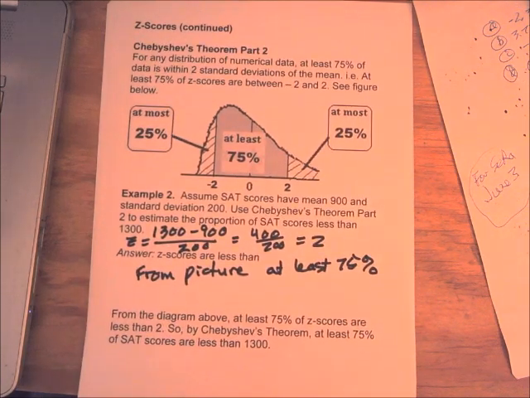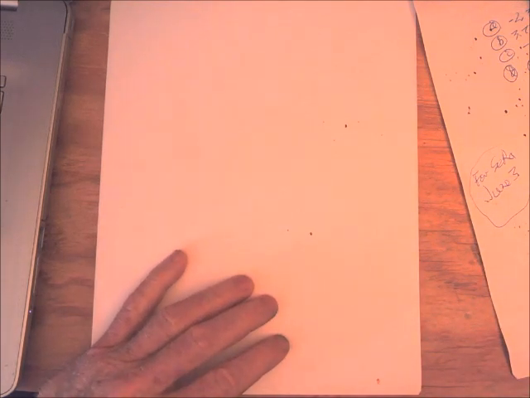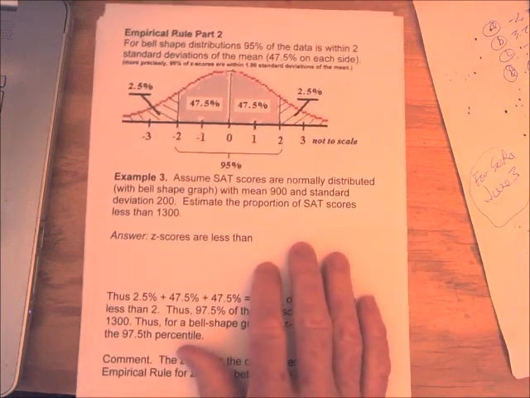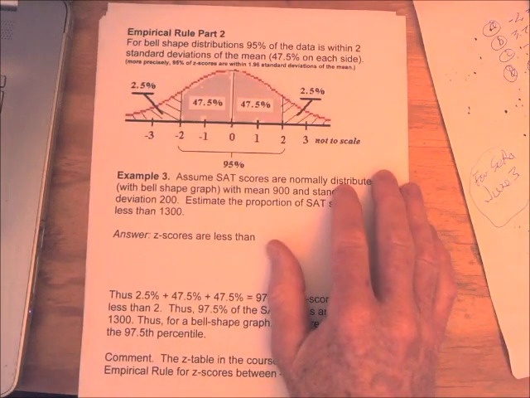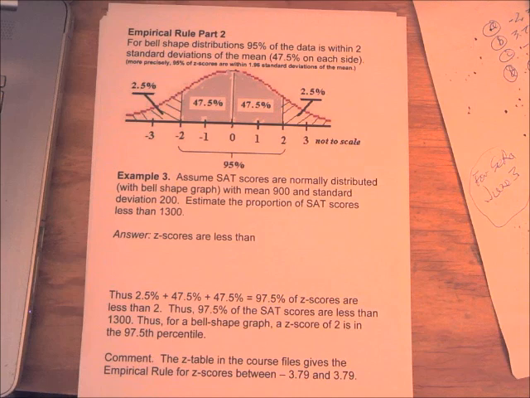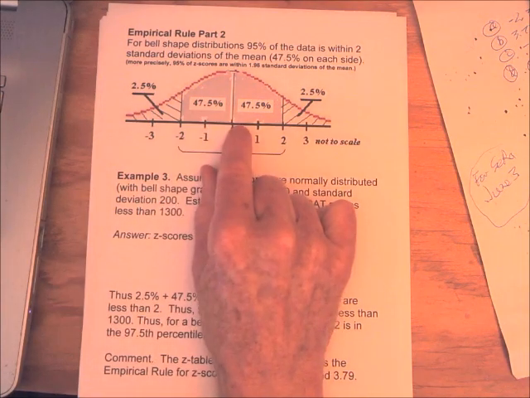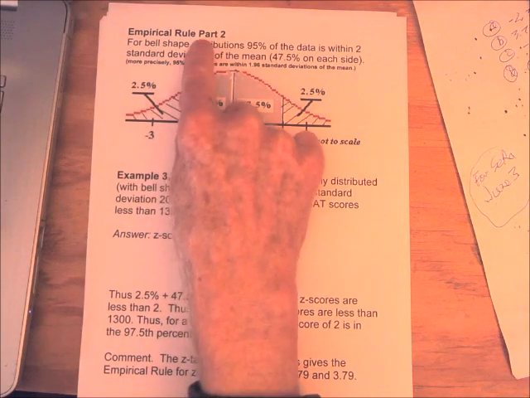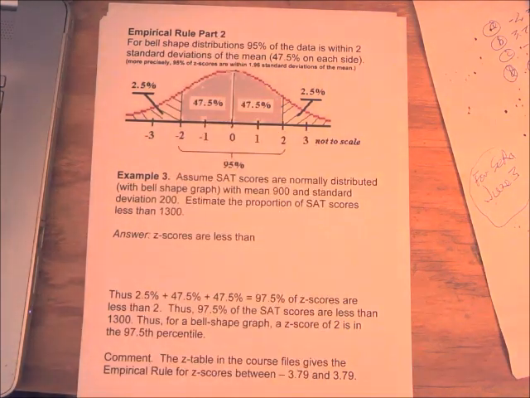This Chebyshev theorem applies to any data set. But if the graph has a bell shape, then we can have a stronger result. This is empirical rule part 2. It applies to bell-shaped graphs, and we're going to focus on part 2, which applies to z-scores of 2 or -2.